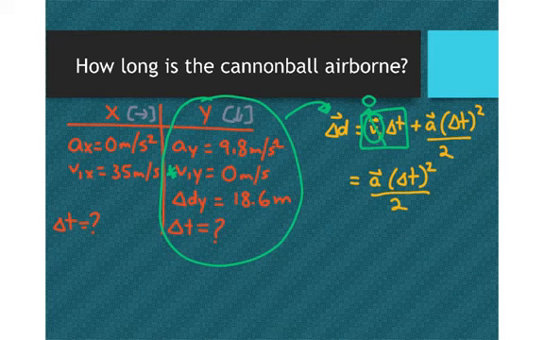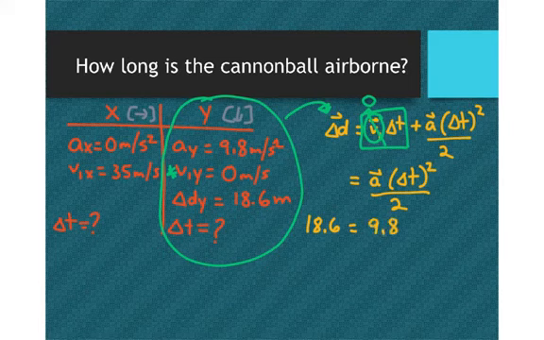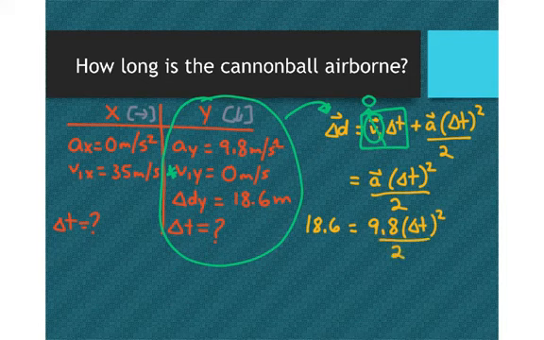So I've got a fairly simple equation now, and let's put in what I know. I have 18.6 as my delta d, and then my acceleration is 9.8. My delta t squared is unknown, and it's divided by 2. So I've got to do a little bit of rearranging here. I want delta t to be by itself.